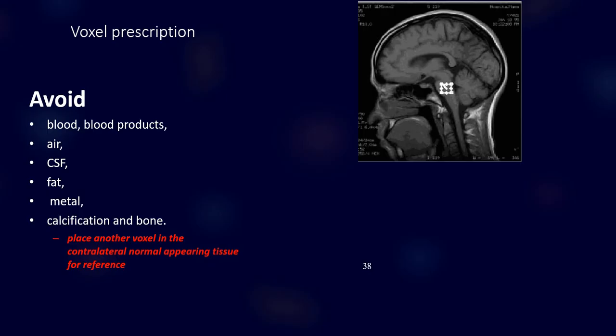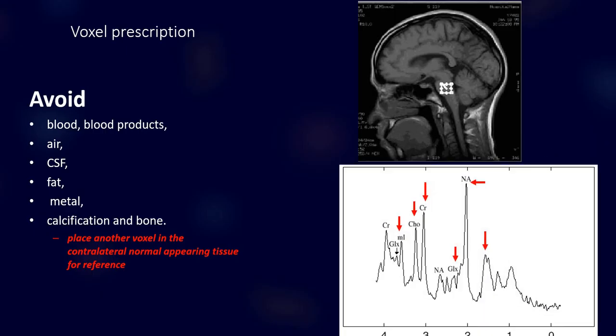If we have a hemorrhagic lesion, we can't do MRS. Also avoid air, CSF, much fluid, much necrosis within the lesion, fat, metallic calcification, or bone. A small cortical lesion couldn't be assessed by MRS. So we have to know when we can use MRS properly.